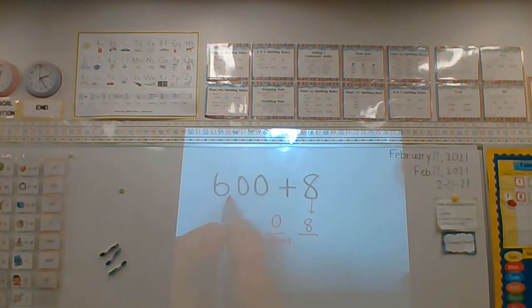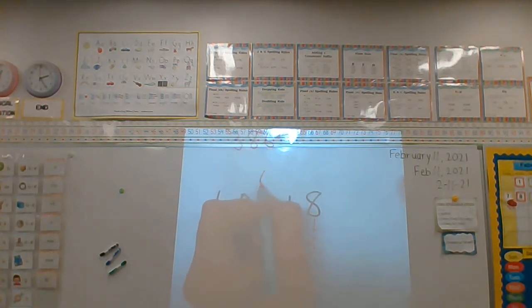Because if you just did the 6 and the 8, what number is that? 68. But we know this says 600, so this cannot be right. 608. Good job.